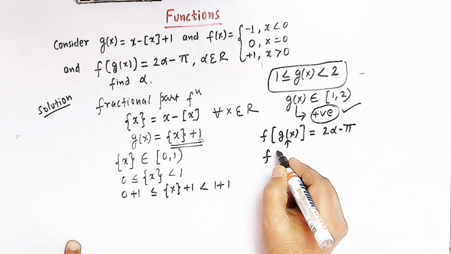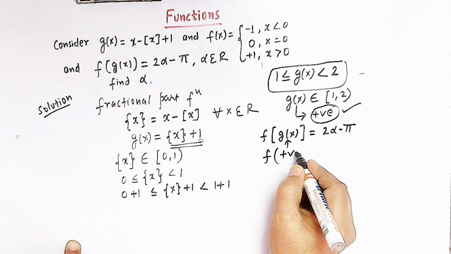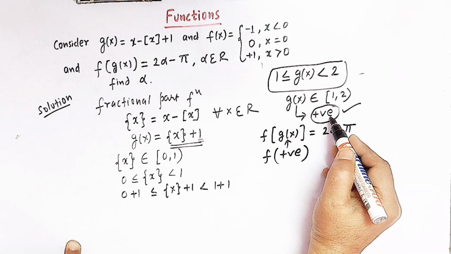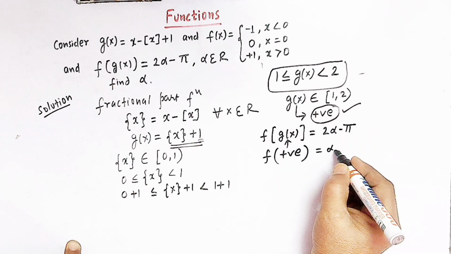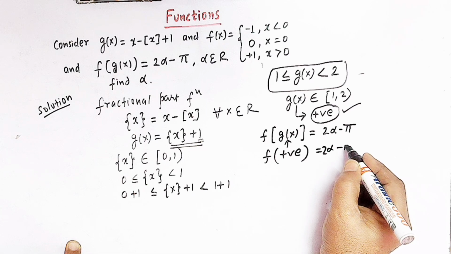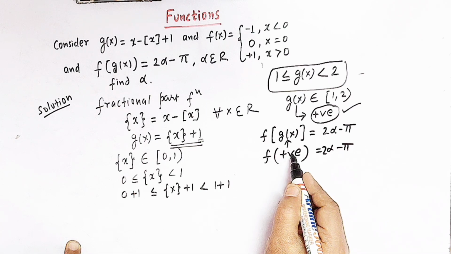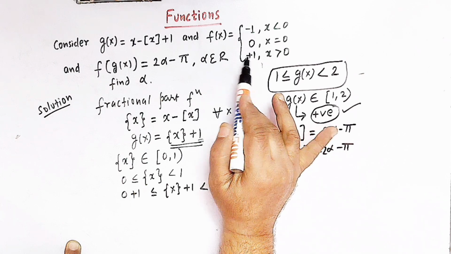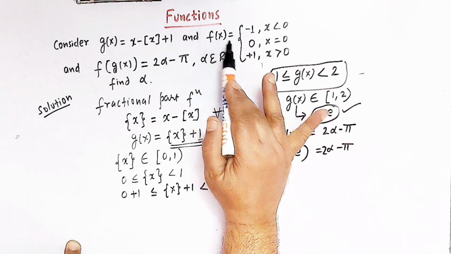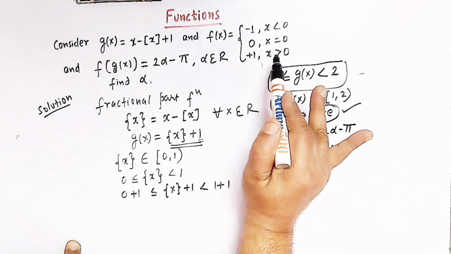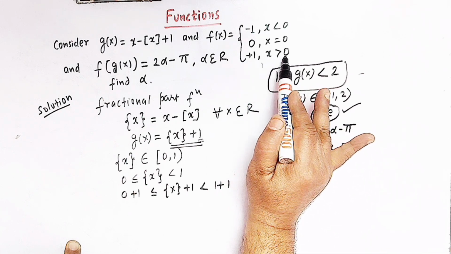So we have f of some positive number equal to 2 alpha minus pi. Now f of some positive number is equal to 1, because f of x is defined as plus 1 for all x greater than 0.